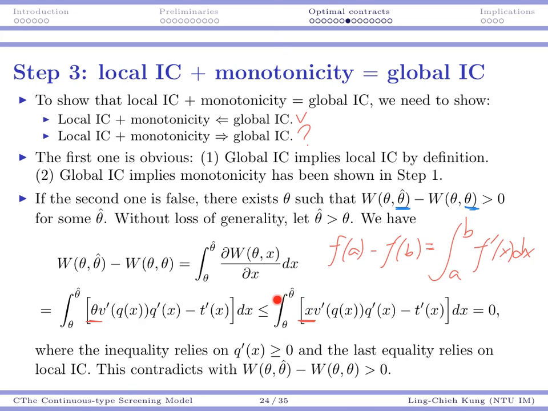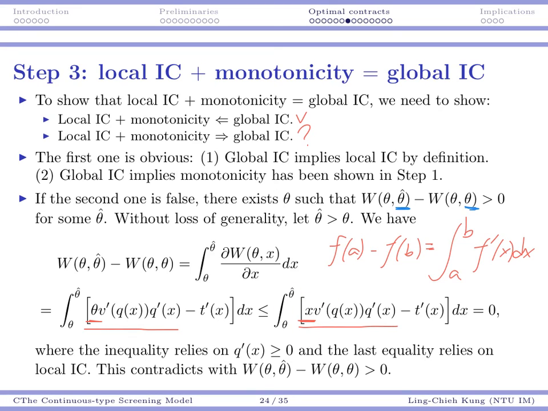If theta hat is greater than theta, then x is also greater than theta. And I know the whole term here is going to become larger when theta becomes x.